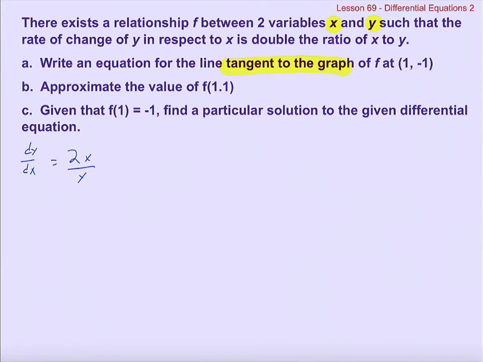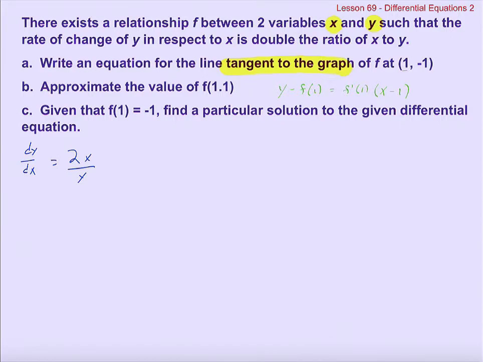And remember, when we're talking about writing an equation of a line tangent to the graph, think point slope form. That means we want y minus f of a, or in this case a happens to be 1 because that's the x value, equals m, the slope, which is the derivative at 1, times x minus 1.